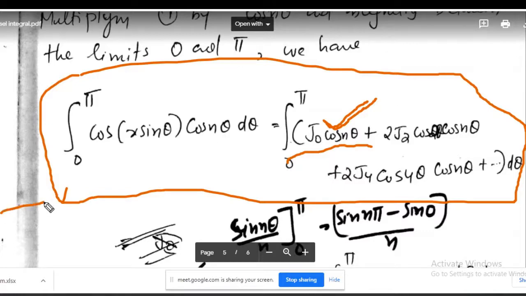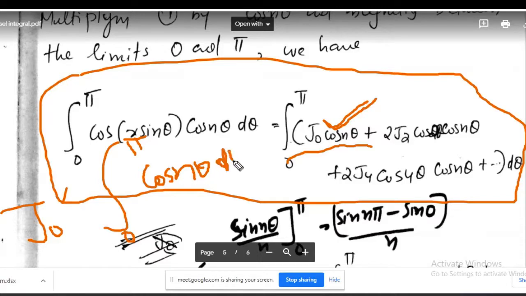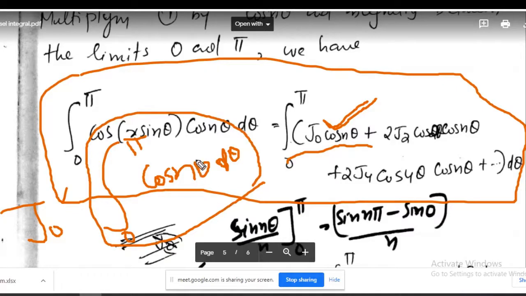J0 you can take outside. Integral 0 to pi cos n theta, what will be its value? Integrate, 0. Okay, this will be 0.